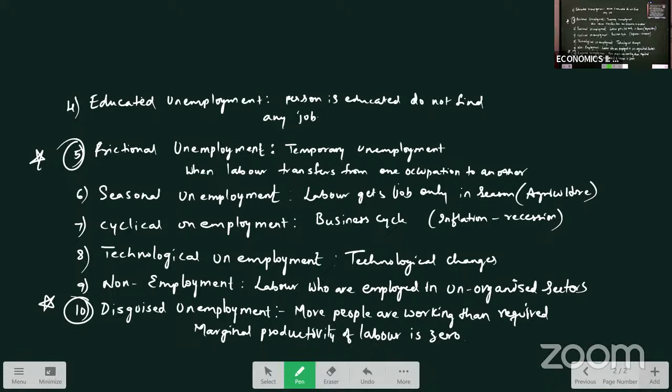Now next we will do different concepts of unemployment. Causes for unemployment. We'll start with the causes of unemployment.